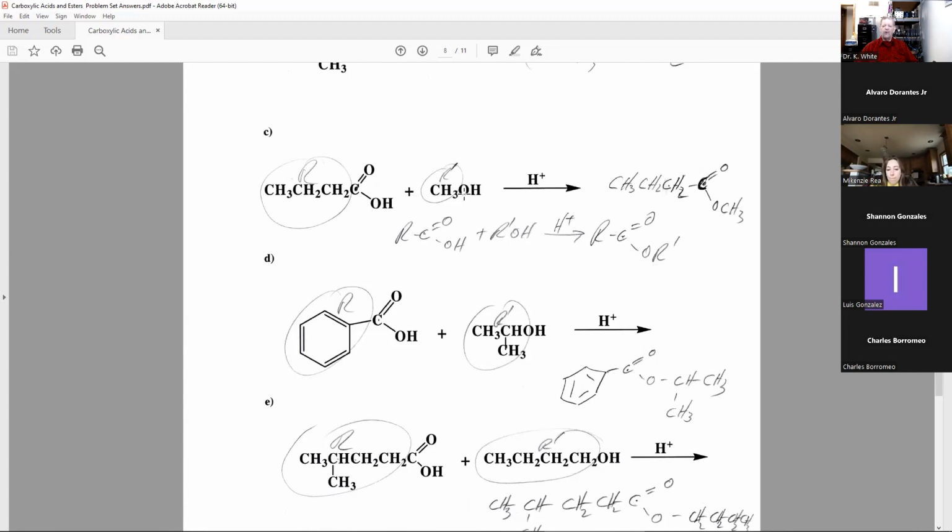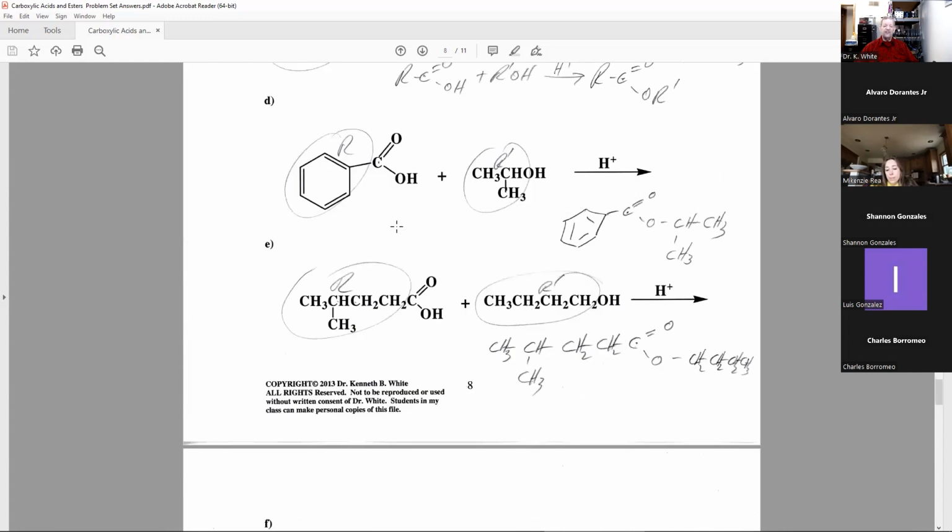The carbon with the hydroxyl group in the alcohol will be the carbon the ester oxygen is bonded to in R prime. So here R is 3 carbons, R prime is 1, and here's our ester.